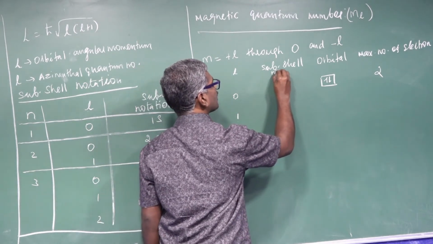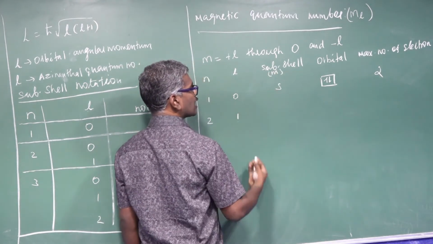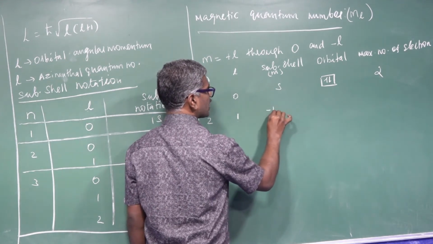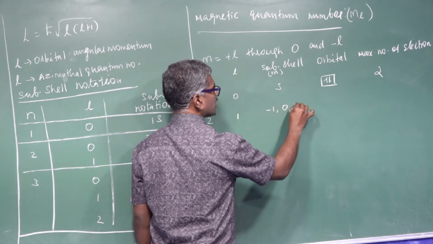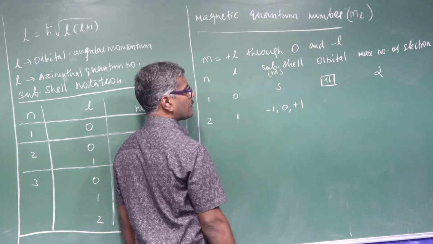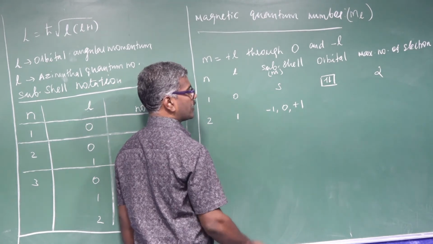That is the m notation. What are the m values possible? The m values are -1, 0, +1. What are the orbitals possible? Totally 3 orbitals.